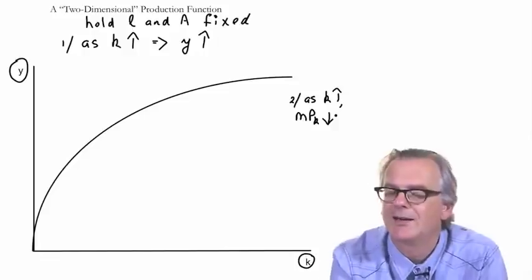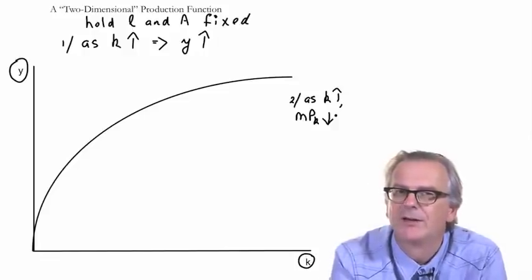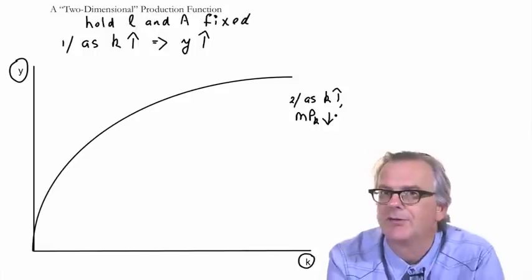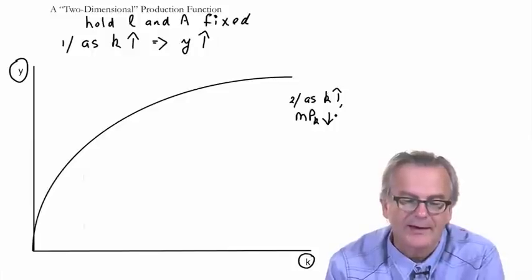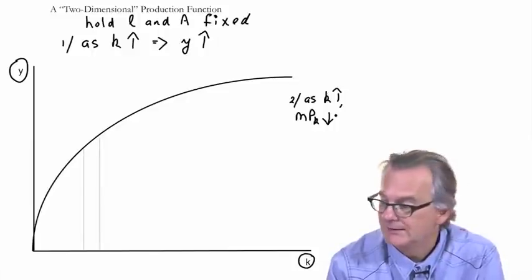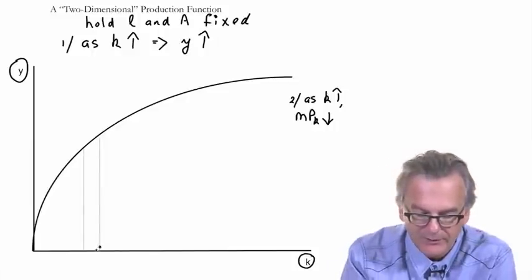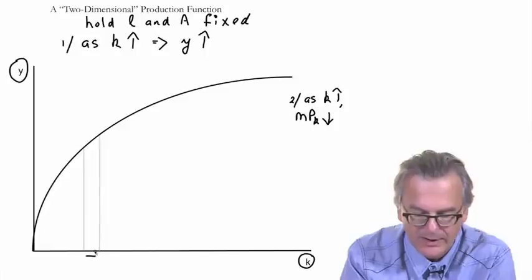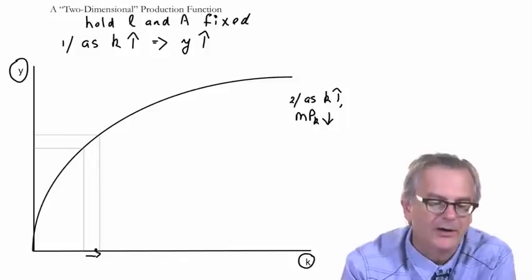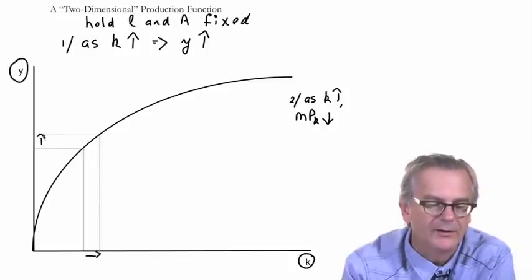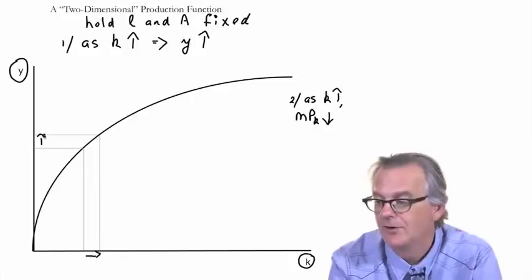So we still are getting extra output, but you're getting smaller increases of output the more capital you have. And that is illustrated very nicely by the following. So here we have increased the amount of capital, and then we can read off the vertical axis how much extra output is the result.